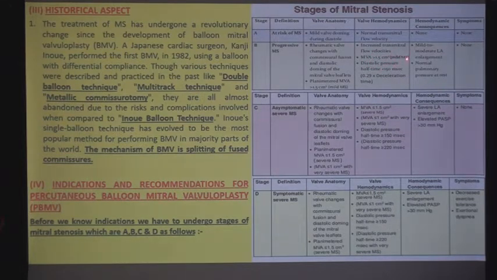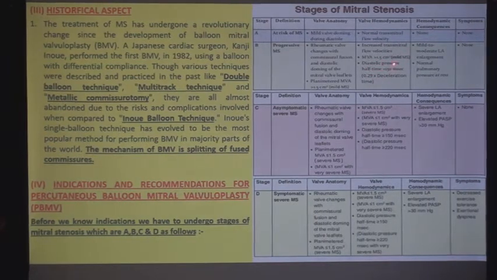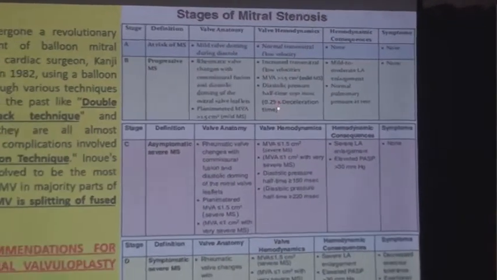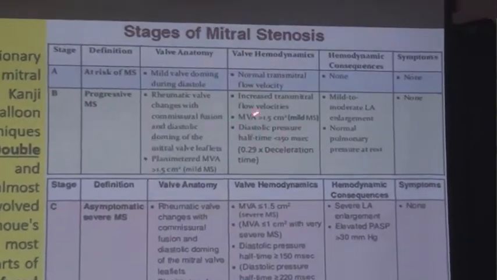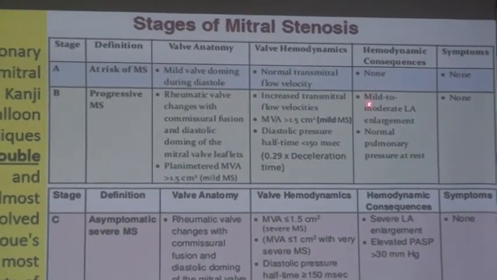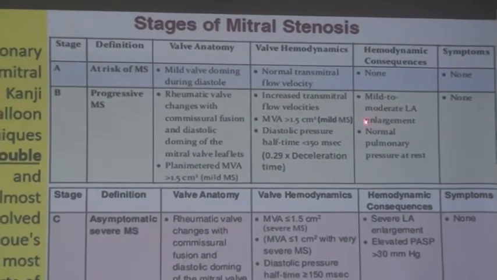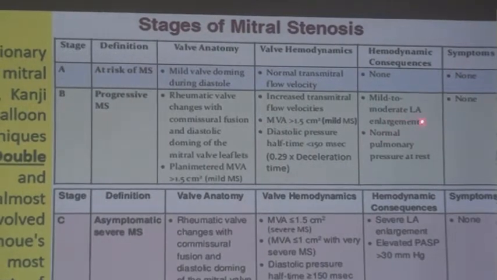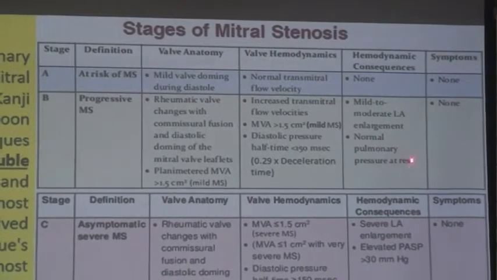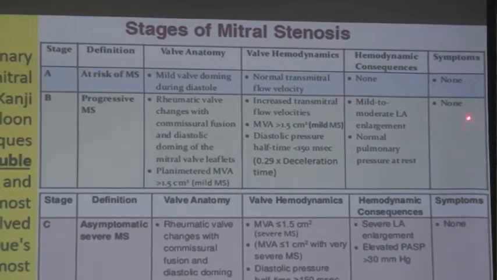Then diastolic pressure half time is less than 150 milliseconds, and this is obtained by 0.29 into deceleration time formula. Then the hemodynamic consequences in stage B: mild to moderate left atrial enlargement and normal pulmonary pressure at rest, and symptoms are none.